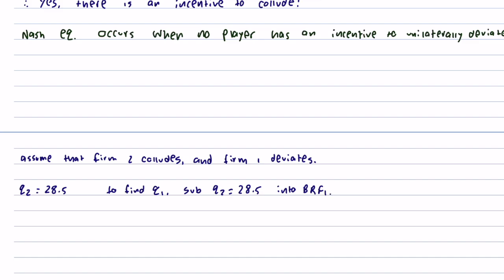The reason for this is firm 2 is going to collude and make 28.5 units, and we're the ones deviating. So we put the 28.5 that firm 2 sets their output equal to into our best response function, because we want to make as much money as possible.